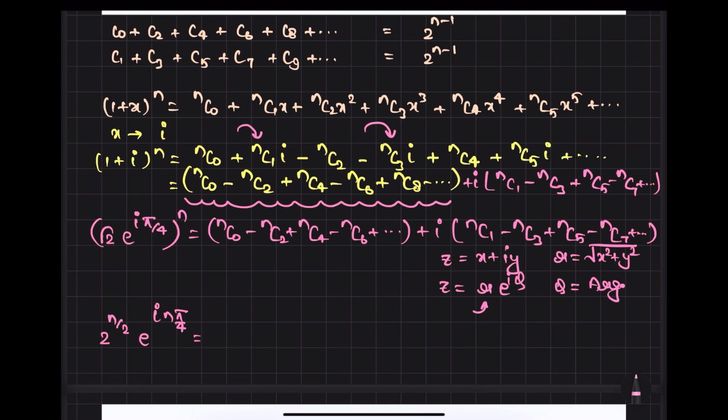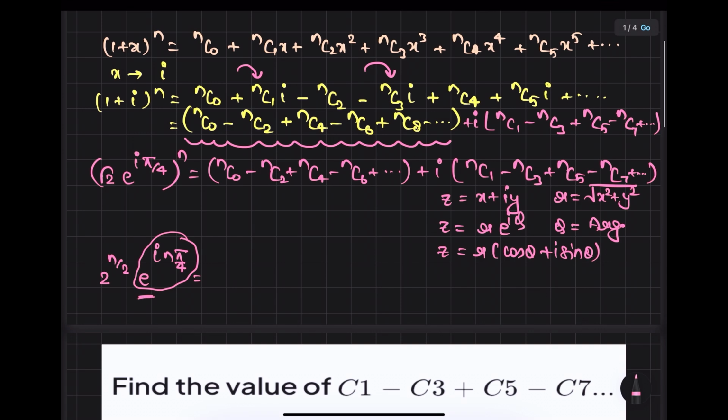Okay, now can I write down this component, only this component, in polar form? So what is that polar form? Polar form was r cos theta plus iota sin theta. Okay, so r is 1 in this case, correct?